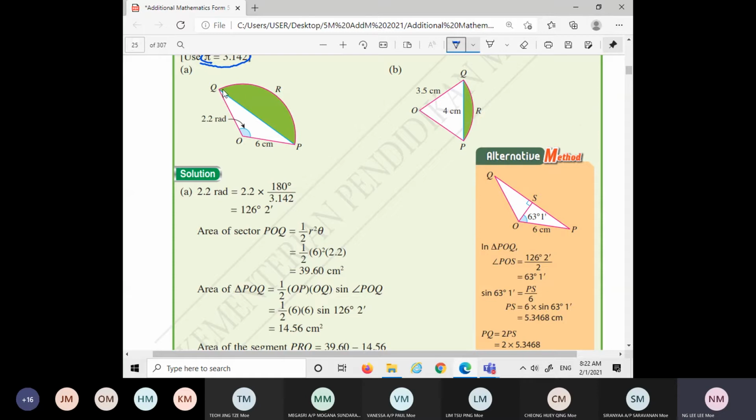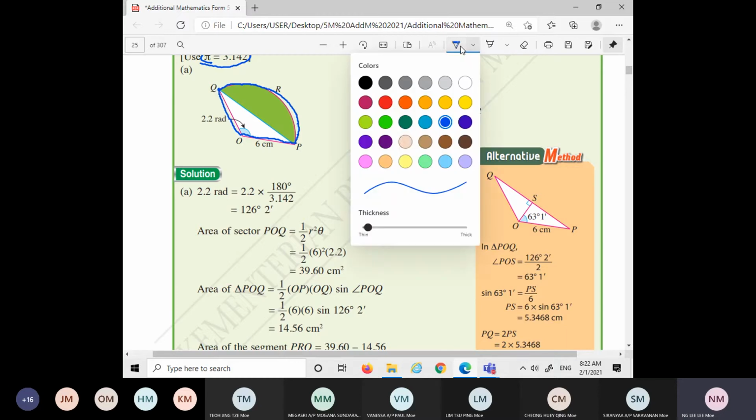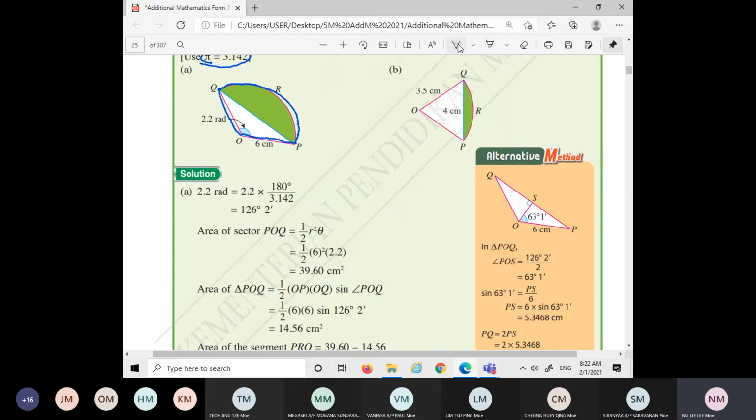So you see, area of sector, the blue color one, minus this one, the area of triangle. The blue color one minus the red color one, the area of triangle, then the balance will be the segment. So this is the idea.